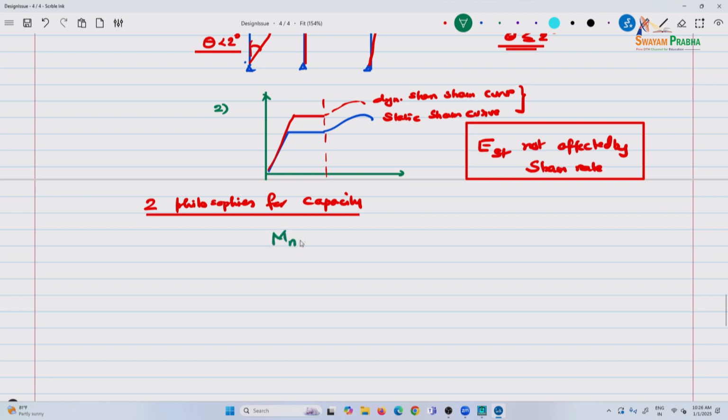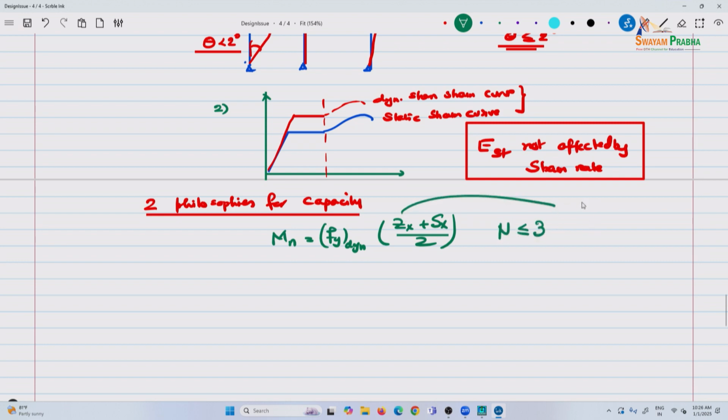The moment capacity is Fy dynamic multiplied by the plastic section modulus plus elastic section modulus. This is for ductility less than 3.